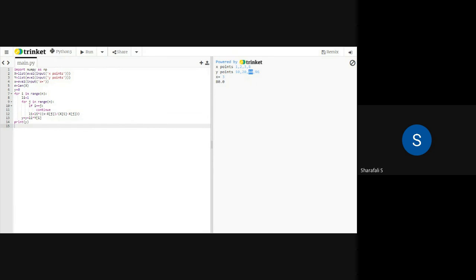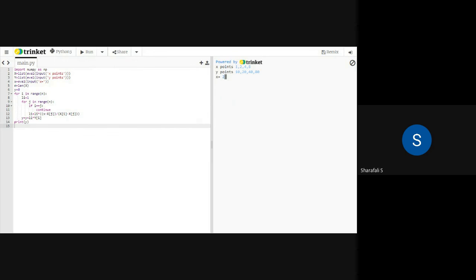Okay, so that's how this Lagrange's interpolation will work. And let me see whether this works. I will put one more: 2, some 4, 8, 10, 20, 40, 80.